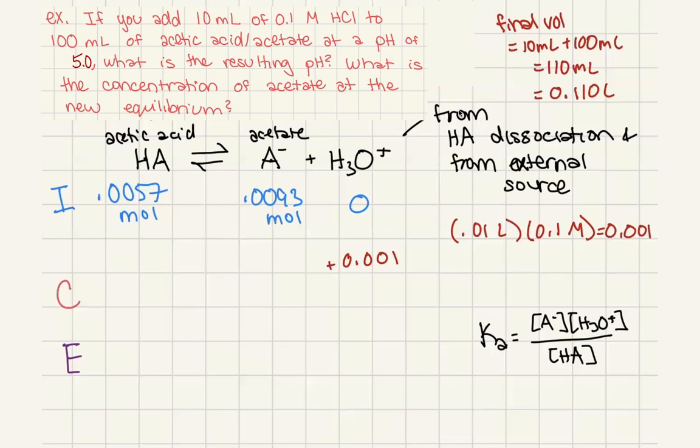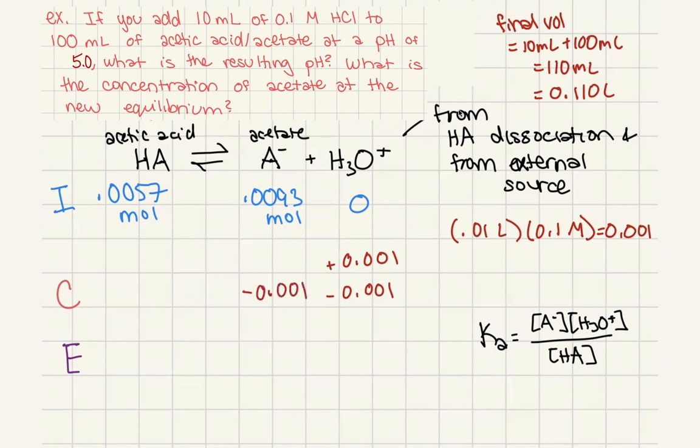In this case, we're adding 0.001 moles worth of our H3O+. This can then react with our acetate. In this case, the acetate has a higher concentration, and we have more moles of the acetate. So this H3O+ is all going to react, and it's going to subtract 0.001 from each of these.